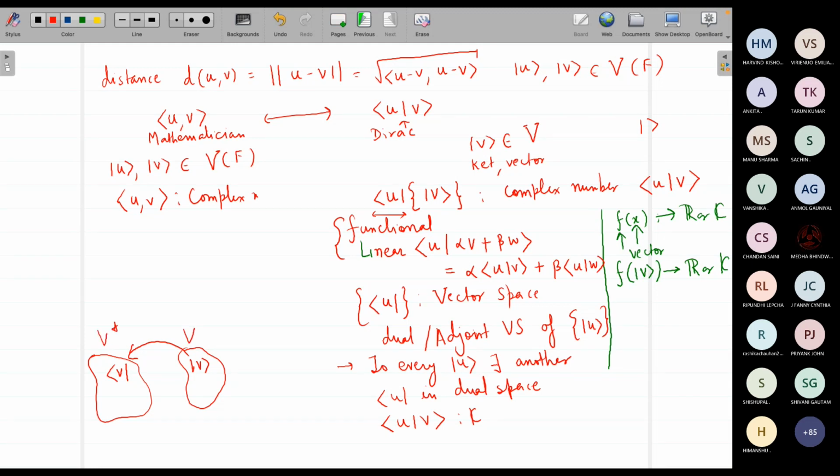And this space of another one or the dual one, that is what is called the dual space, or what we commonly call the bra space. Okay, let me just write it down properly.